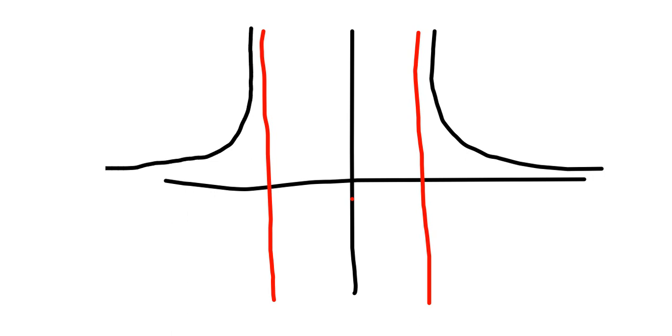As x approaches negative infinity, y approaches 0 also from above. And with that being our local maximum, as x approaches negative 2, y approaches negative infinity. And as x approaches 1.5, y approaches negative infinity. So this is the two-pole case.